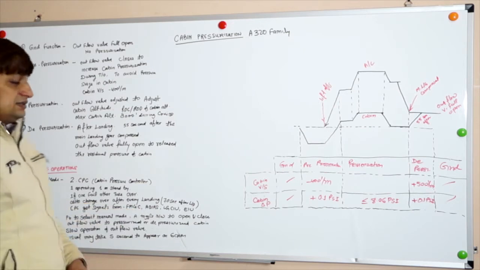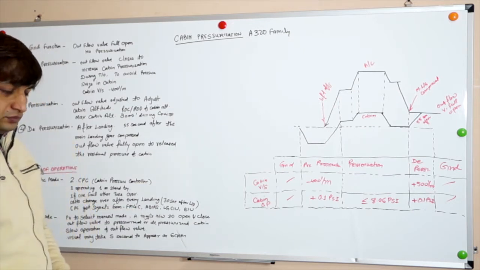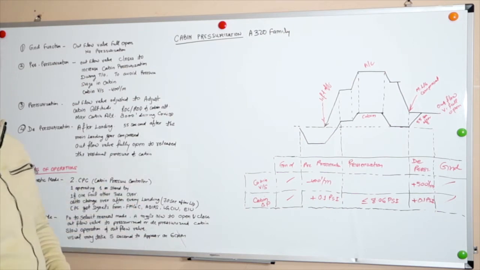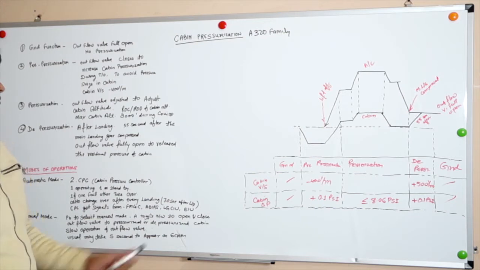From the ADRS it gets the speed information, that is, what the aircraft speed is, to open the outflow valve.